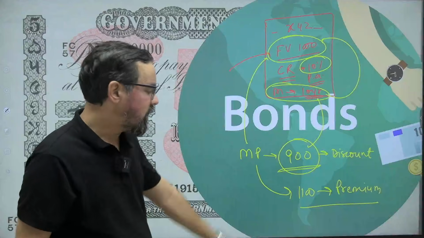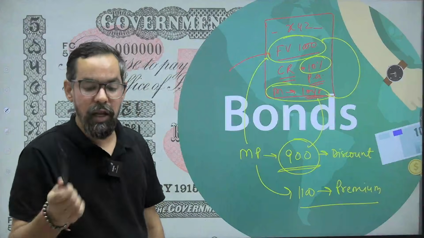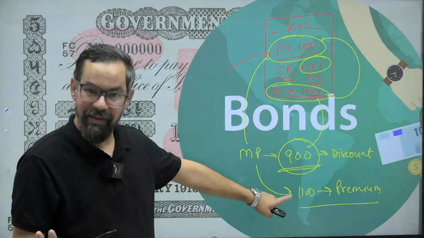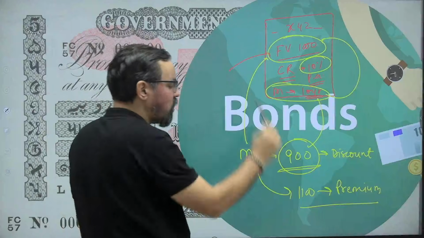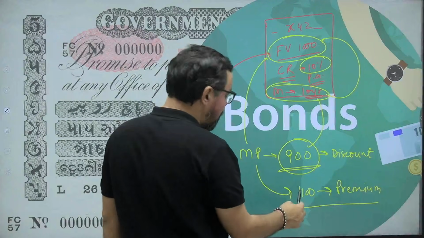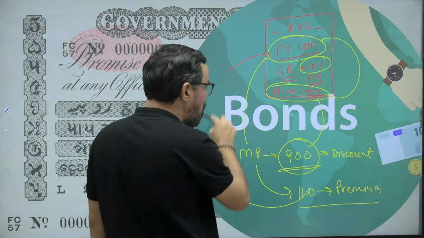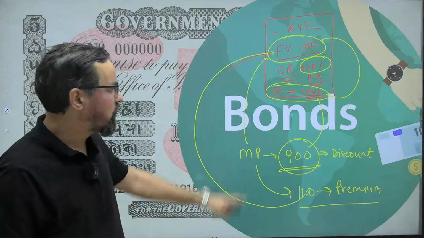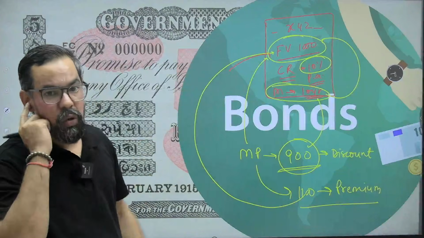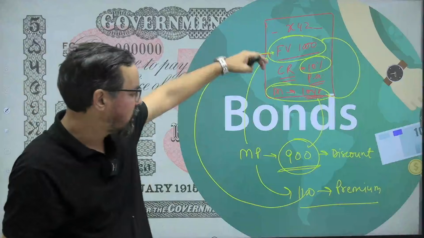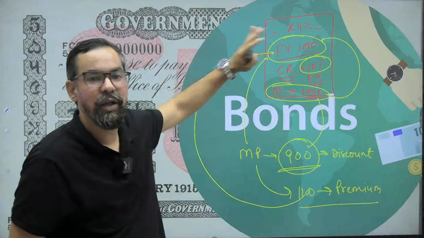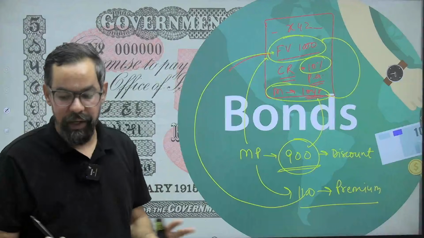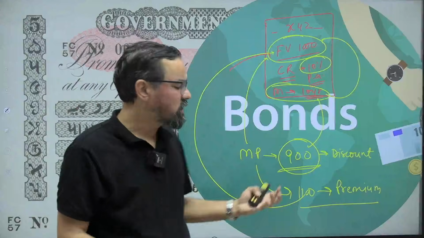And let's say the market value of the bond is 1100 and the face value is 1000. If you purchase this bond today, at the end of maturity it will become 1000. So the price will automatically come down till maturity, it will become 1000 only, right? So this is a case of premium.